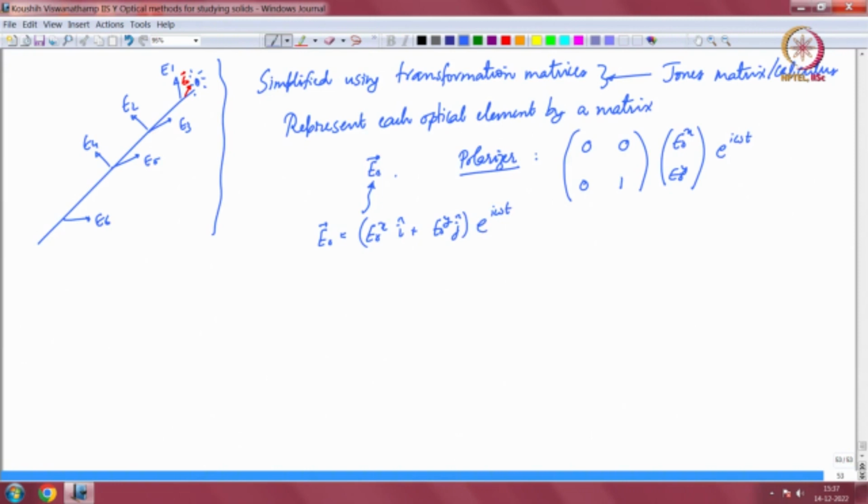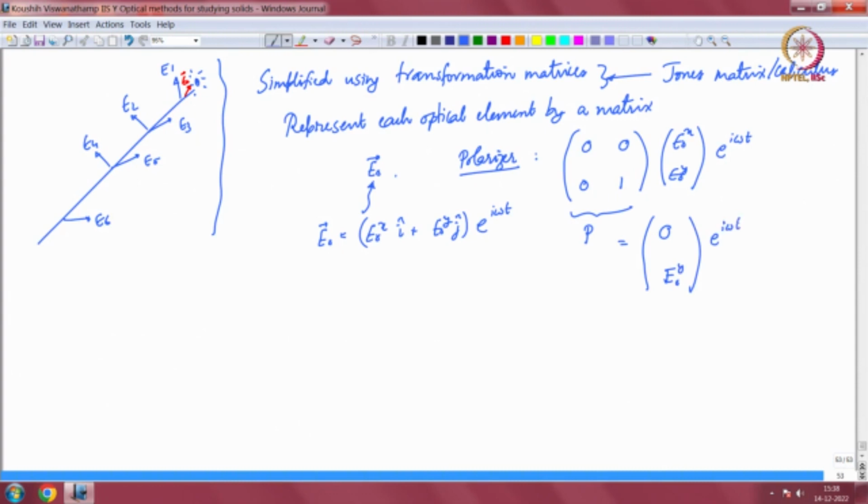Then the polarizer basically picks out the y component. So, if you refer to this as representing P, then what P does to the light wave is this matrix times the incoming wave. If you do this matrix times the incoming wave, you will get 0 into this plus 0 into this, which gives you 0, and 0 into this plus 1 times E0y.